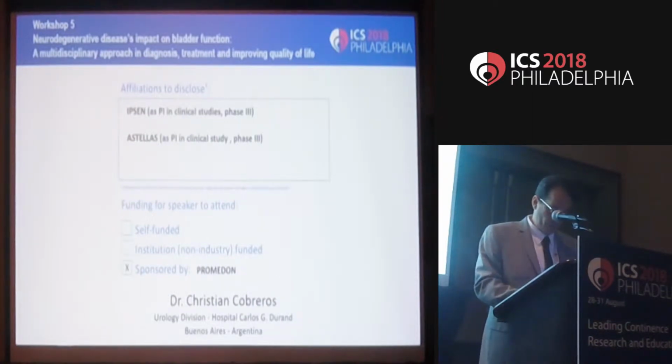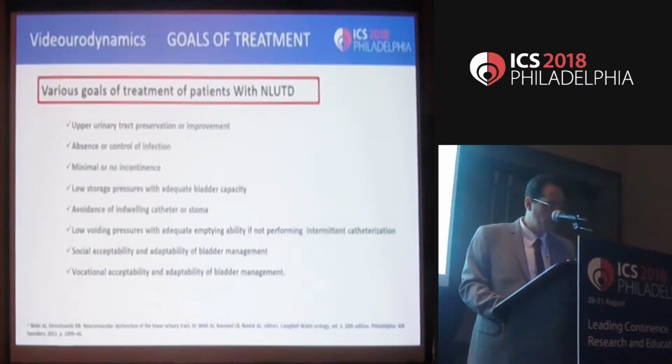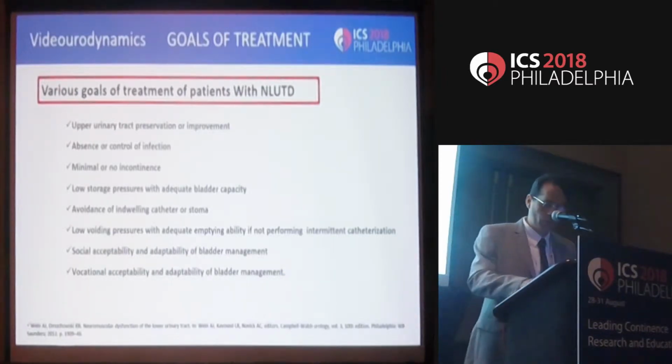So again, my conflict of interest, and this is the goal of treatment in patients with neurological urinary tract dysfunction. Keeping these goals in mind, we can decide when to repeat a videodynamic study and when to perform it at first.